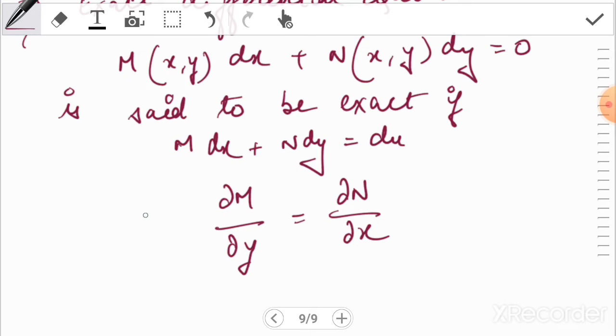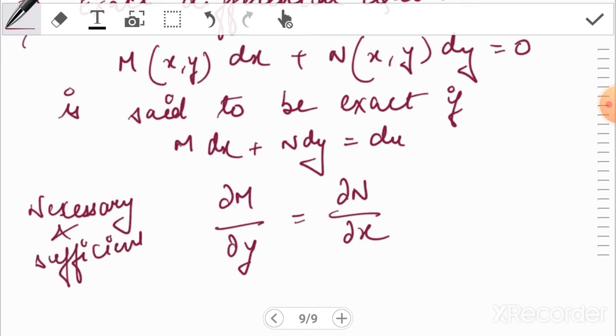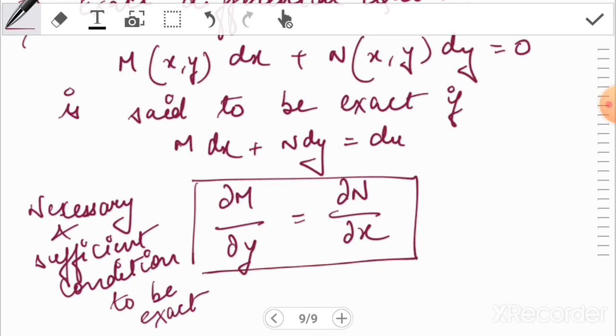Necessary and sufficient condition to be exact. Okay, clear? So next is the method of solution.